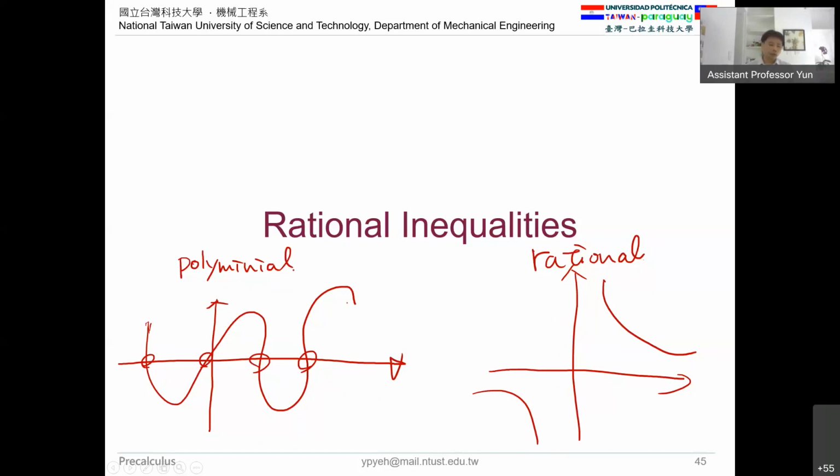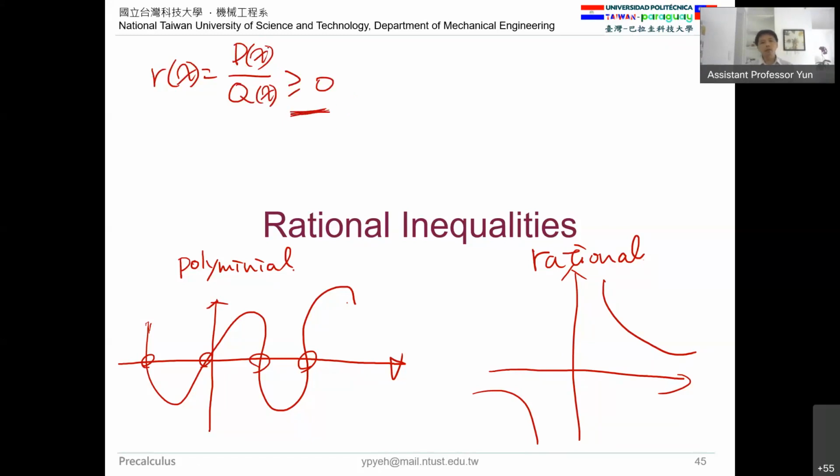But in the rational inequalities, we will also have r of x equal to p of x divided by q of x, right? Which is larger or equal to zero. And then you can also have certain equalities at this point here.